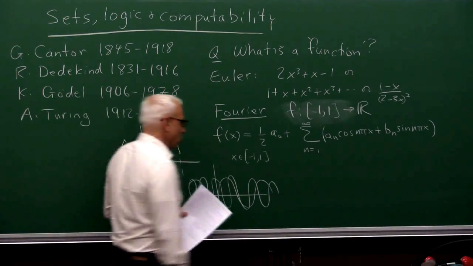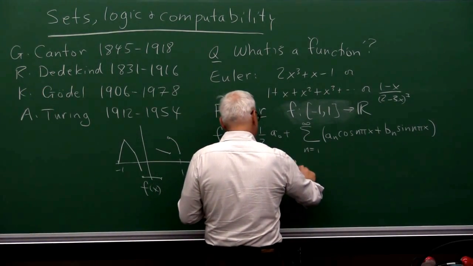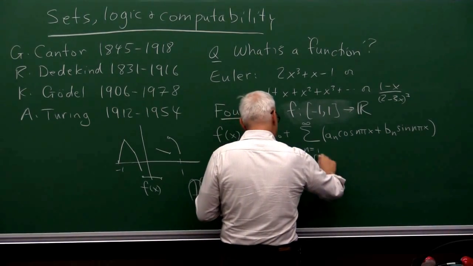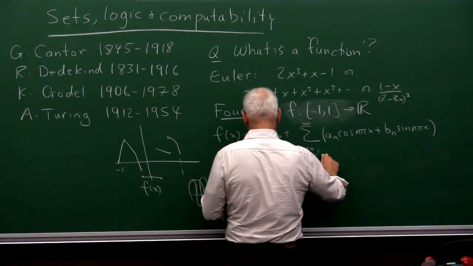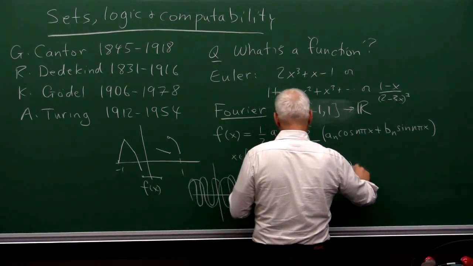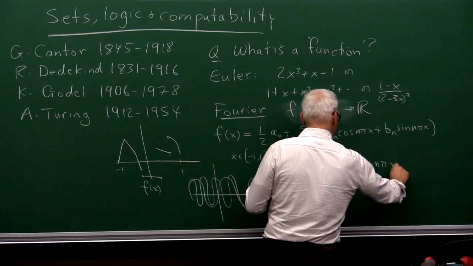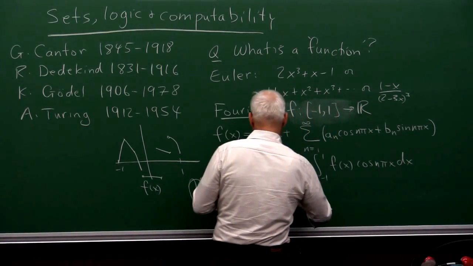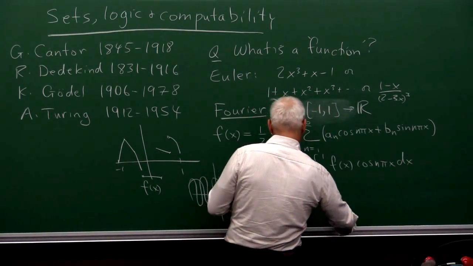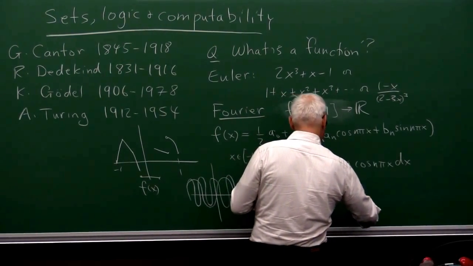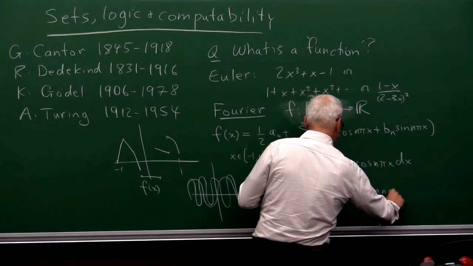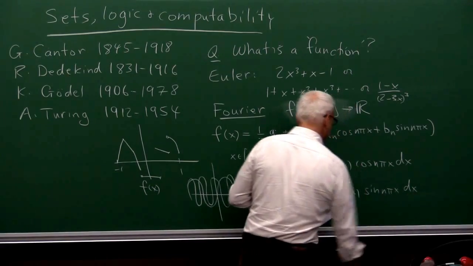And moreover, he showed how to find these coefficients, these so-called Fourier coefficients, by integration. So an was the integral from -1 to 1 of f(x) cosine n pi x dx, and bn was the integral from -1 to 1 of f(x) against sine n pi x dx.